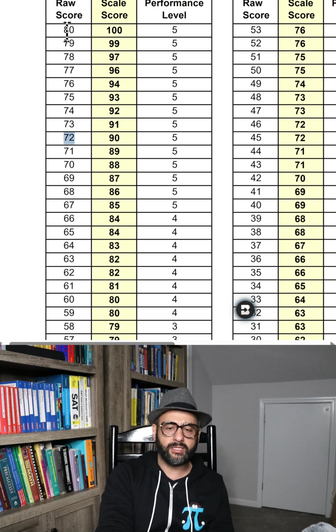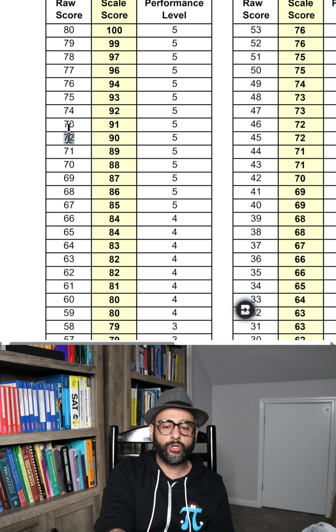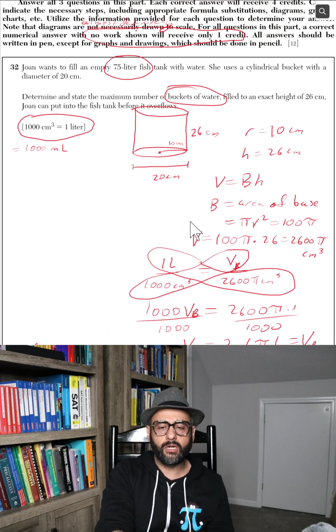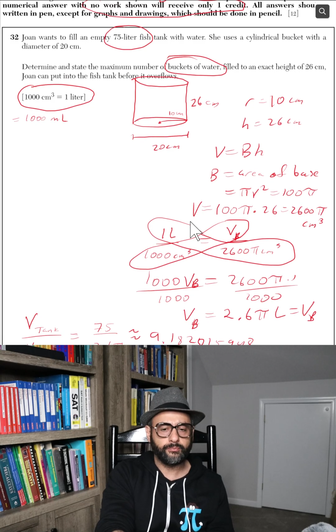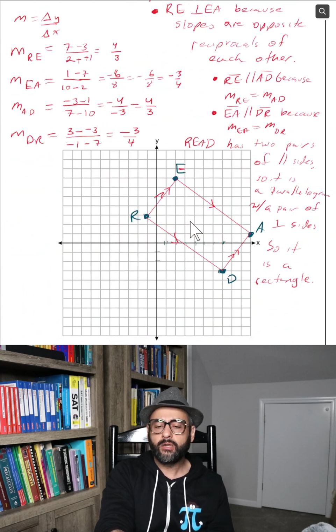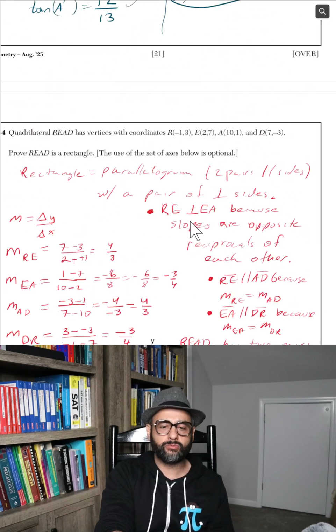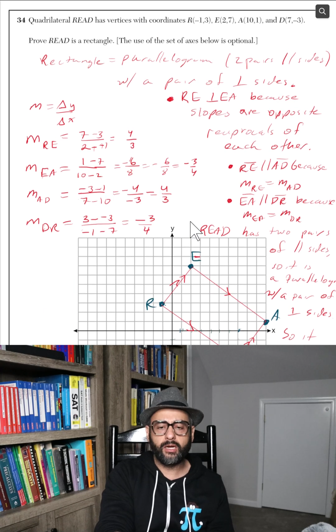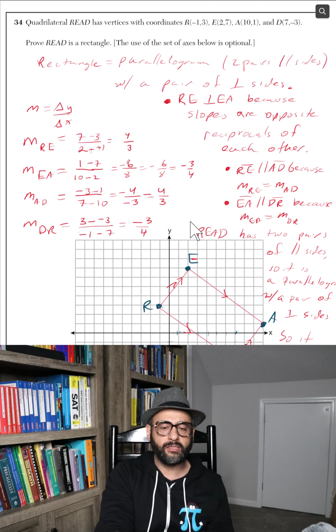Notice that this test is out of 80 points. The last problem is 6 points. So the whole test minus the last problem is 74 points. So we actually secured a 90 in the middle of question 32. Halfway to question 34 is when we secured the 90.